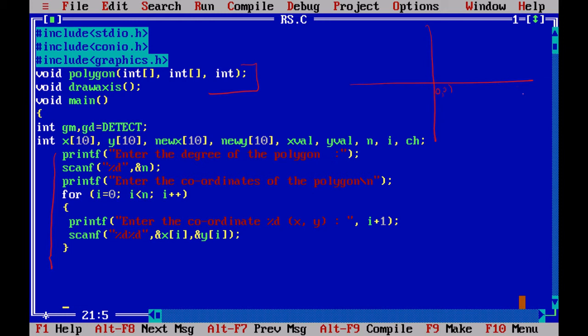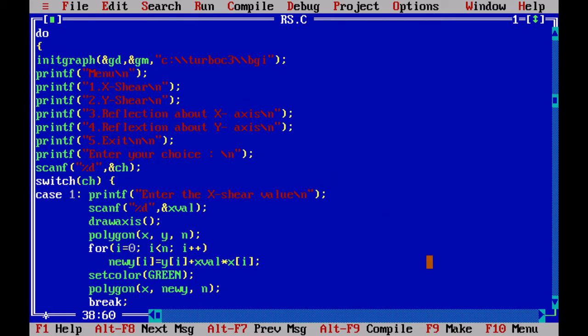The x value here should be 320 and here it is minus 320. Since it is 480, this is 240 and this is minus 240. So the x value range should be from minus 320 to 320 and the y value should be from 240 to minus 240 for your polygon in this particular case.